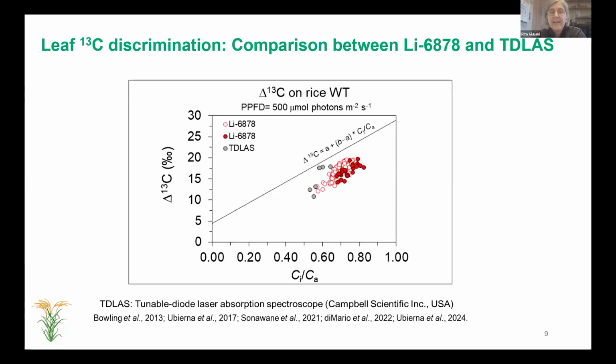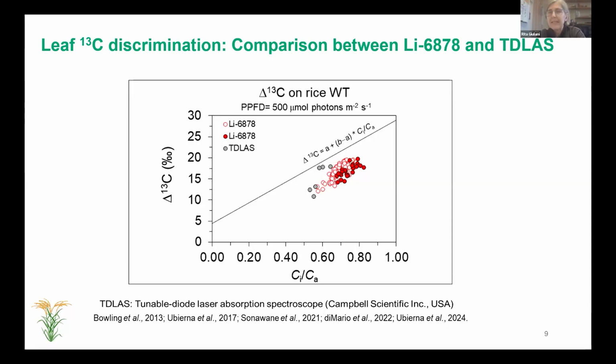Okay, we see here a comparison between the 13C discrimination obtained by the new tracer, with red dots, and the TDL data in gray. We have two experiments providing the data for the new tracer, the red full dots and the empty dots.